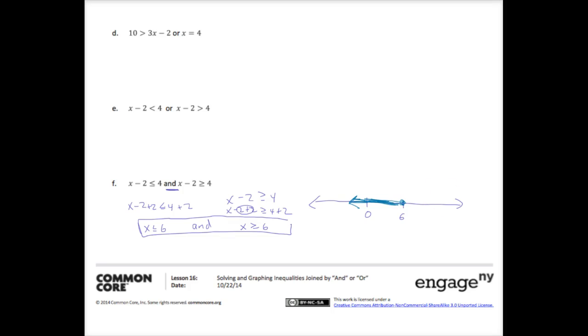The other condition is that it's going to be equal to, again, another solid dot, and now greater than. So interestingly enough, the only place where our two colors merge is right here at 6. So if we're going to meet the conditions of less than or equal to 6 and greater than or equal to 6, we get it at only one place, x equals 6. Final answer.